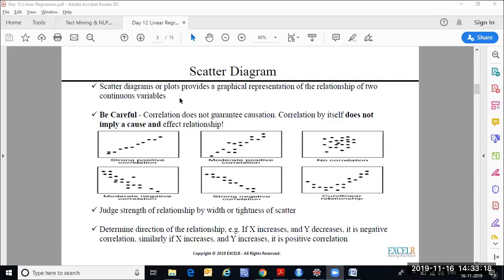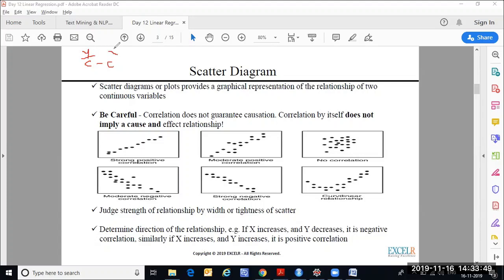As part of scatter diagrams, there are 3 combinations that you need to look at based on the type of the data. One is continuous to continuous. If your y variable is continuous, then you get to see continuous to continuous as a pair, y versus x.